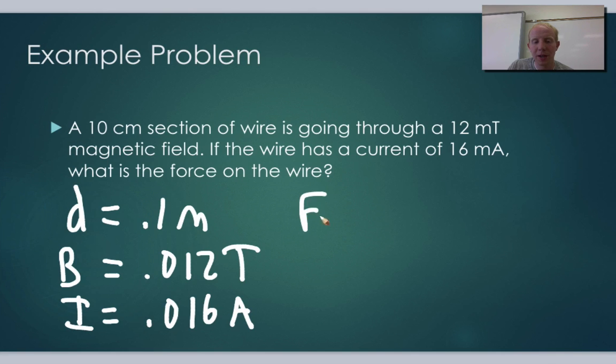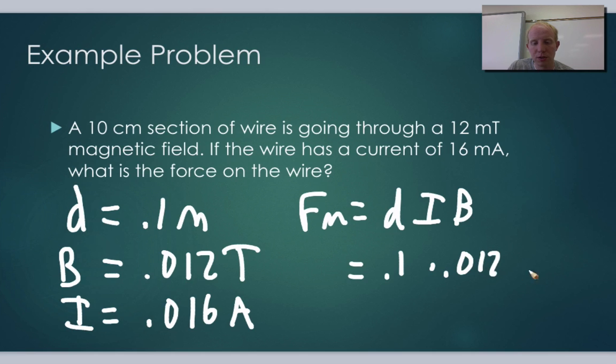So now all we do is say the magnetic force is all those times together, D times I times B. So that's 0.1 times 0.012 times 0.016. We're not going to worry about units right now. It gives you newtons just like the other one did.